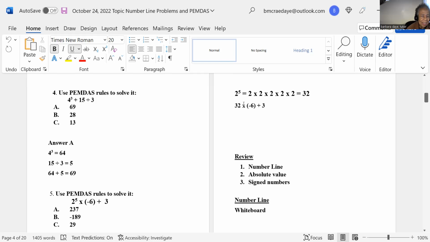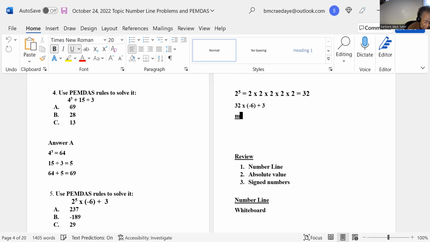That's multiplication. I understand what you're saying, Marietta, but this 32 and that x there means times, multiplication. You know the symbols for multiplication? Yeah.